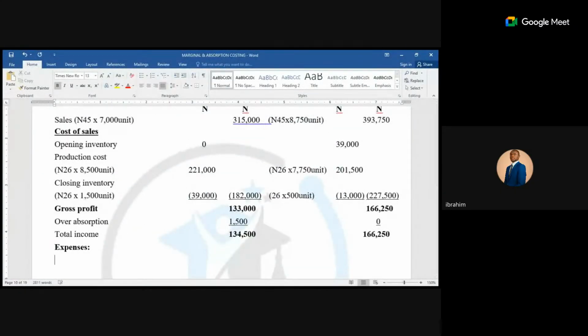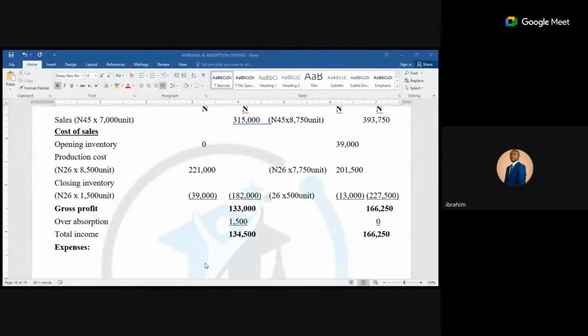Any other expenses that you incur, maybe variable selling expenses or fixed selling expenses. Please don't include your fixed overhead again. Do you know why? Because you have used the fixed overhead to determine over and under absorption.